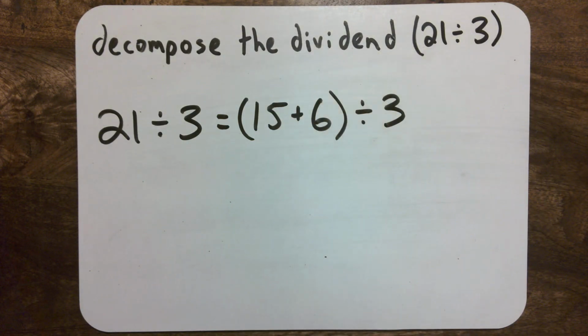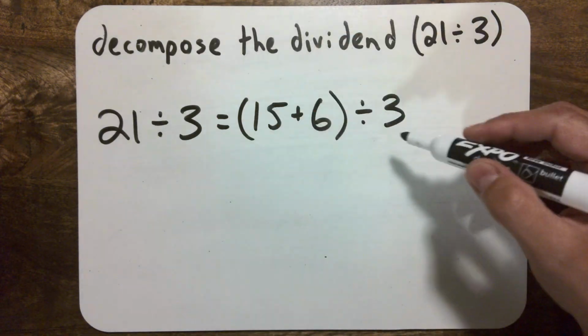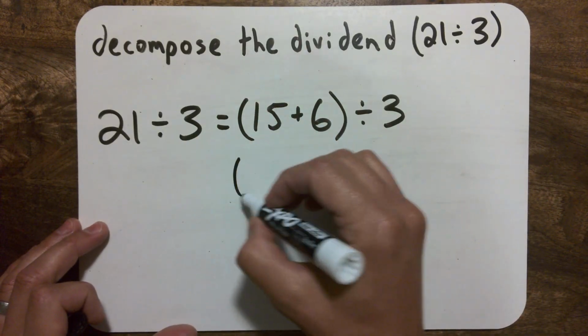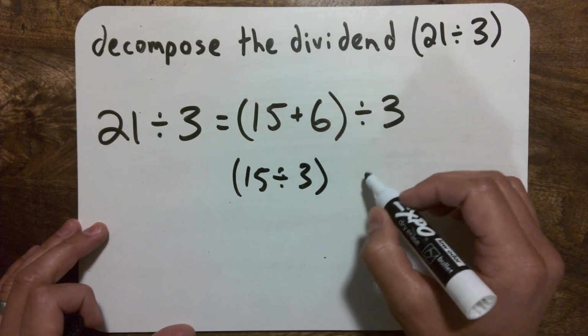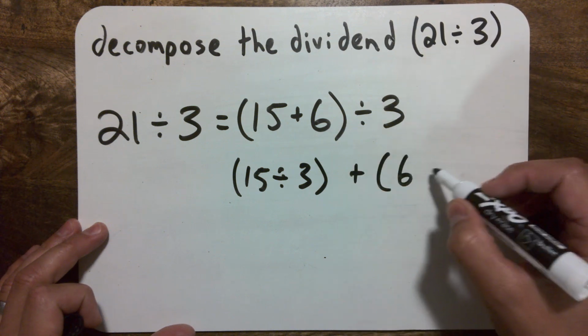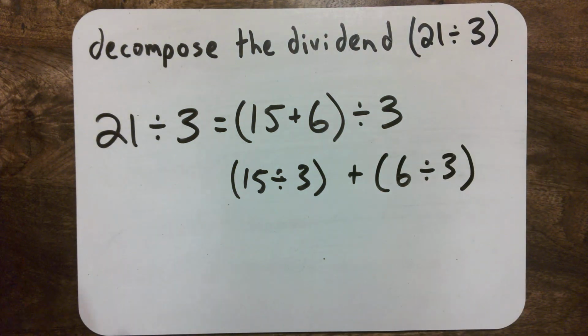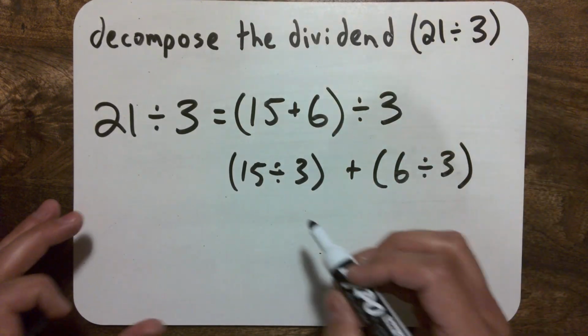So then we're using that distributive property. We're distributing this divided by 3 throughout this entire quantity. So this will become 15 divided by 3 plus 6 divided by 3.